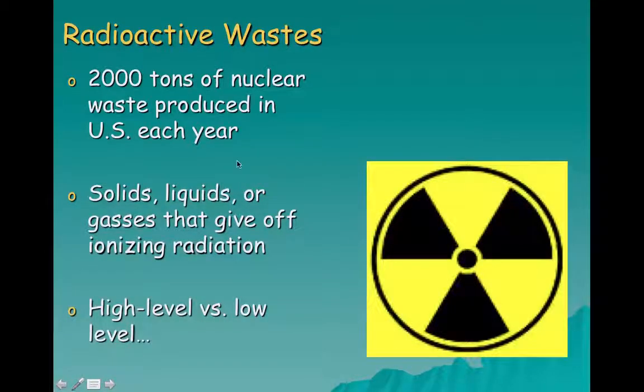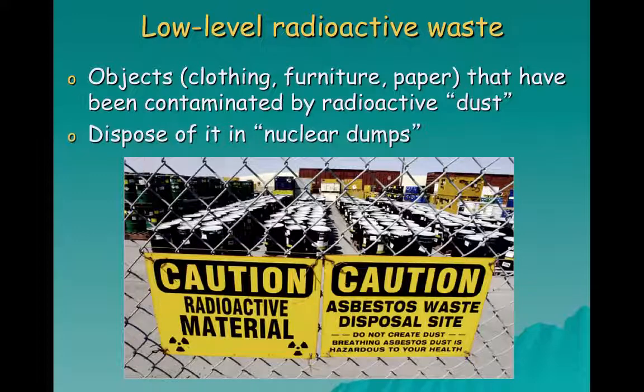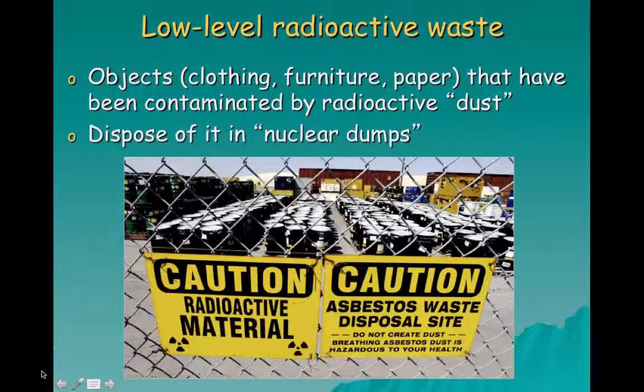So you can see nuclear radioactive waste, there's a lot produced each year, and it includes solids, liquids, and even gases. And you have high versus low level, as I mentioned. So low-level radioactive wastes include objects or even dust that have themselves been contaminated.